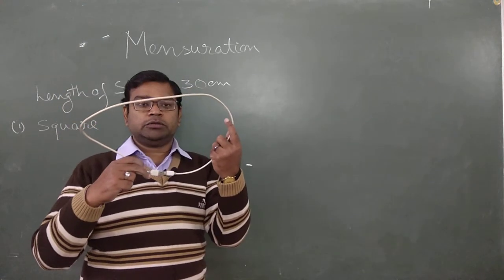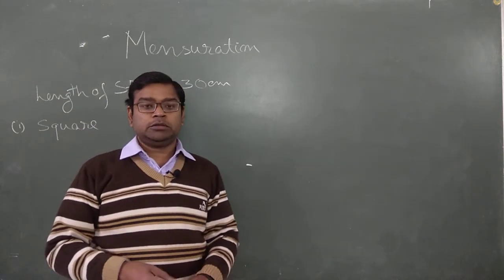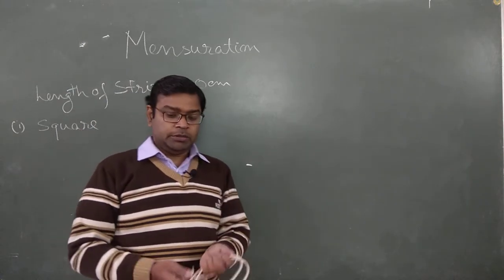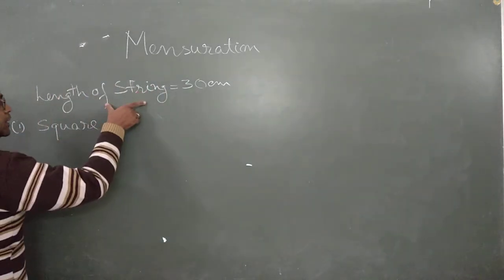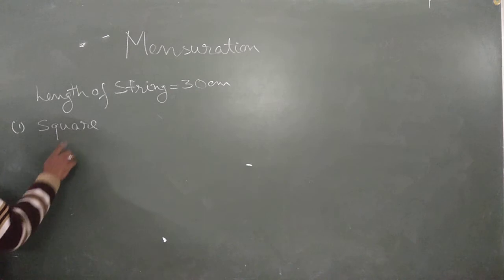Then the question asks you to find the length of each side. It means if the total length of the string is given and you have to form a square.